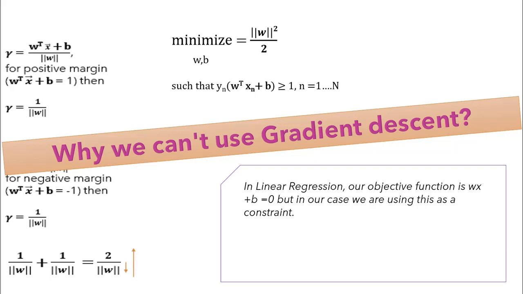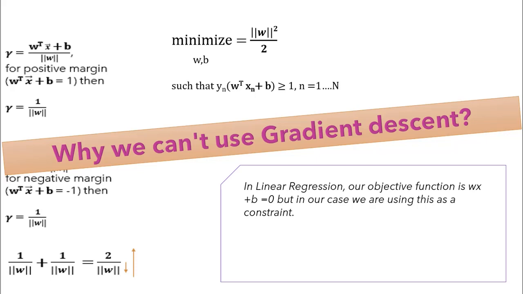But here we are treating it as a constraint. So it is slightly different from the optimization formulation we have seen earlier. Earlier we were looking at unconstrained optimization. We just had an objective function and we were trying to find the value. That's why we can't use gradient descent over here to solve our equation.